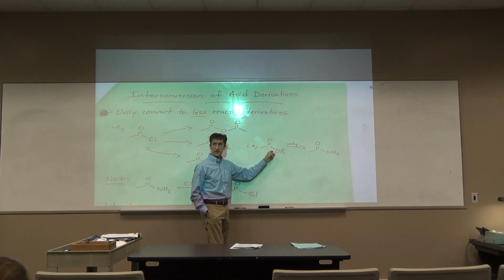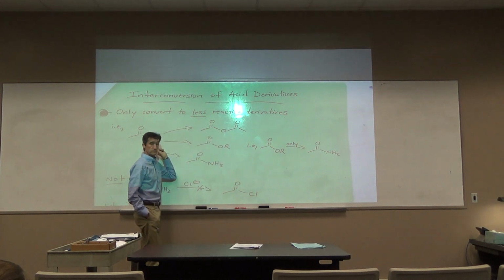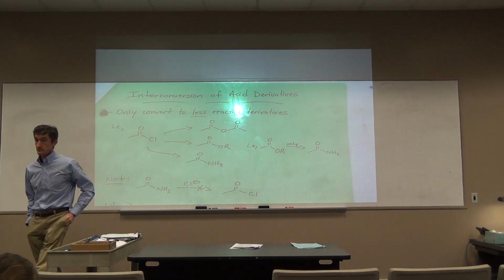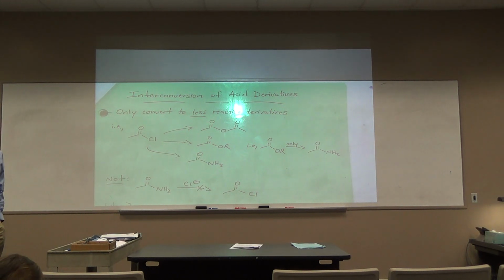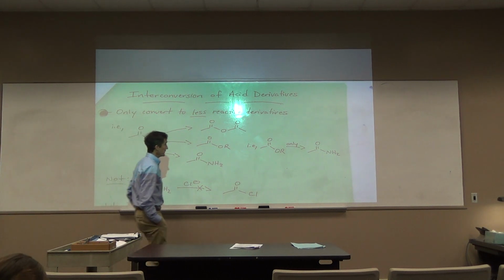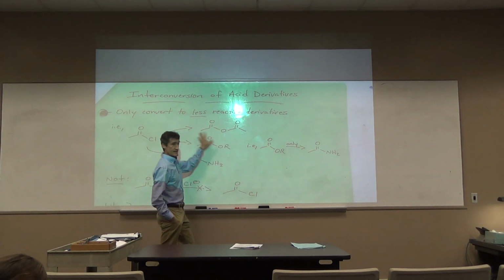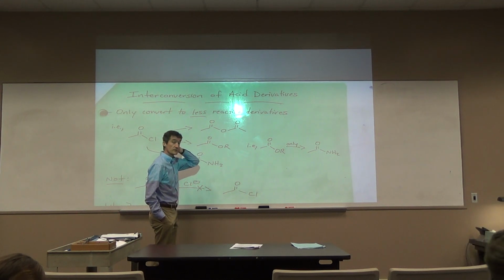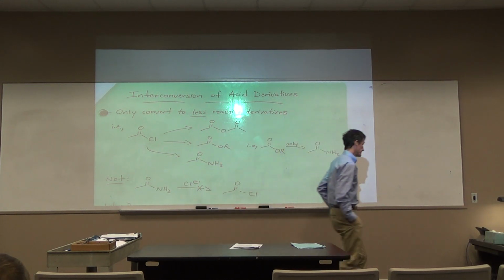You cannot convert an ester to, say, an acid chloride, because that would be going to a more reactive derivative. We're talking about directly. You can convert an ester indirectly to any of these, and we will see what we mean as we go forward.